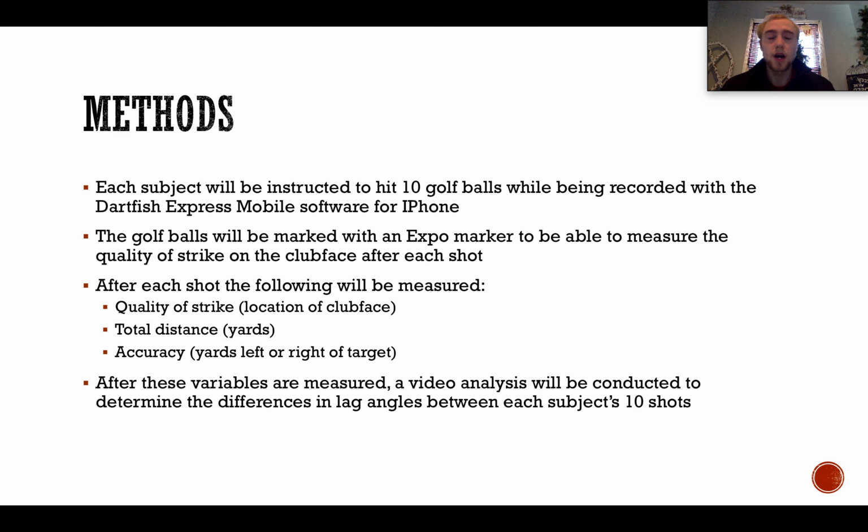After each shot, we recorded the quality of strike, so where it was hit on the club face, the total distance in yards, and the accuracy, so yards left or right of the target they were aiming at. After these variables were measured, I conducted a video analysis of each of the 10 swings to record their lag angles.